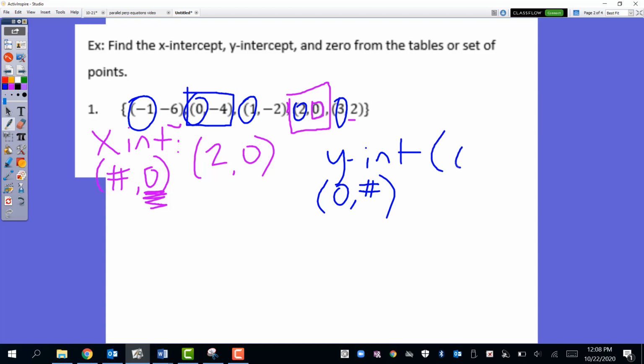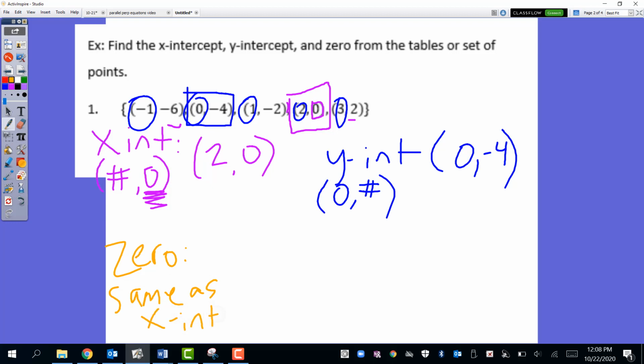So that's going to be 0, comma, -4. And then for my zero, the place, not the number 0, it's the same as the x-intercept. So what did I just write as my x-intercept? I wrote 2, comma, 0. So what is my zero? The number 2. You don't have to put it in parentheses when it's the zero.